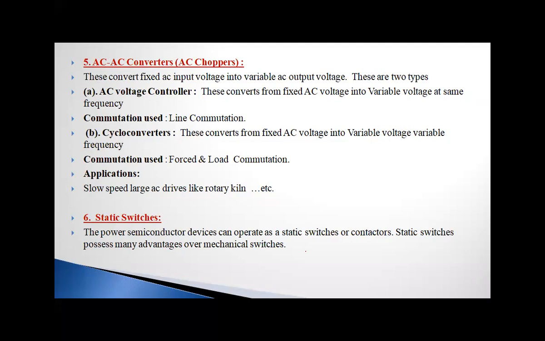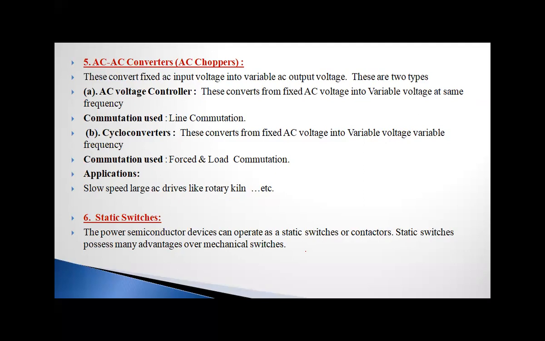Clear? Listen, just listen. Again, these AC to AC converters have been classified into two types, because here the frequency is present in the AC circuits.